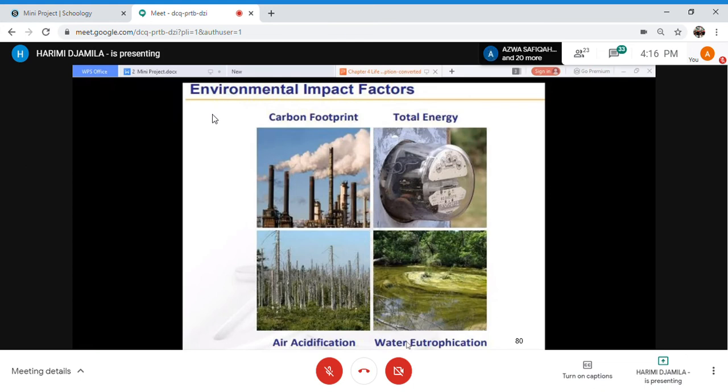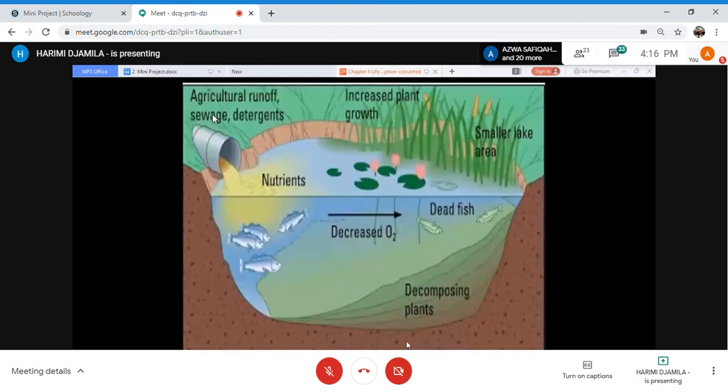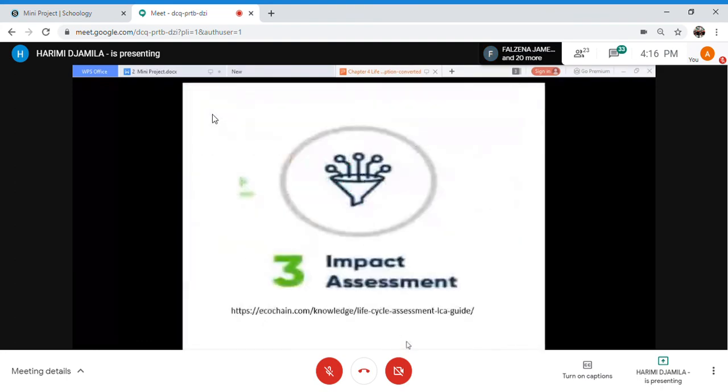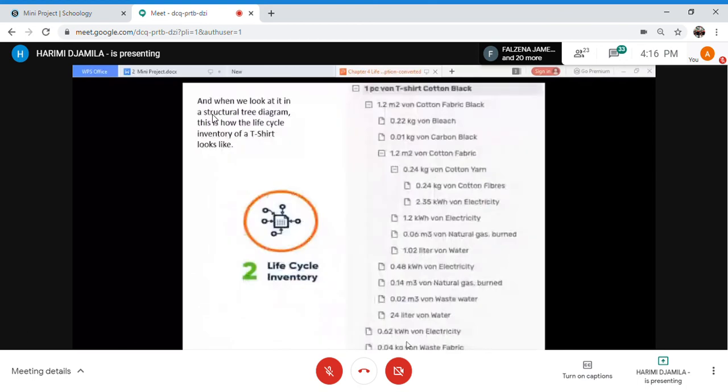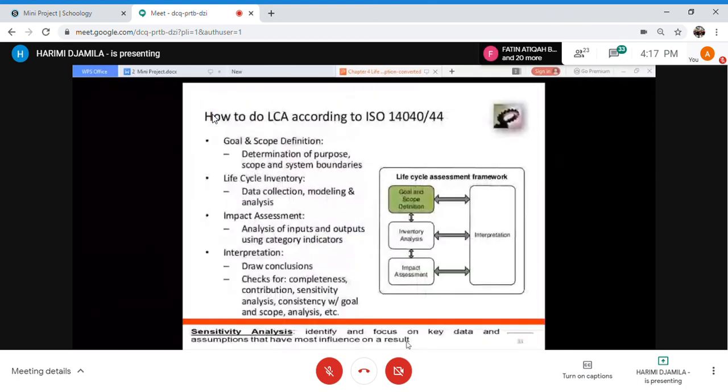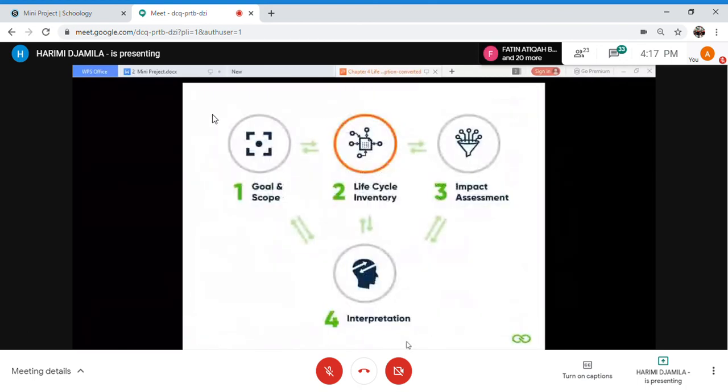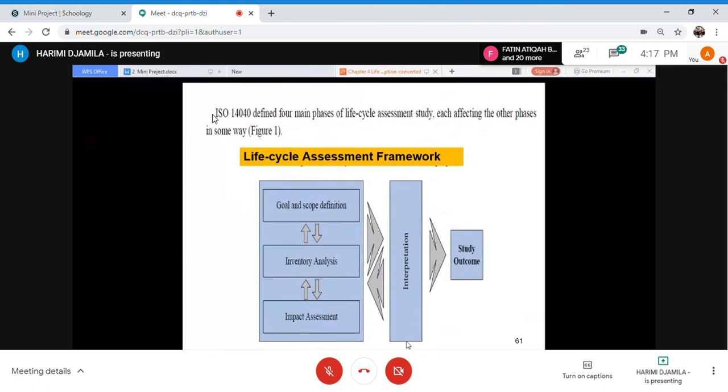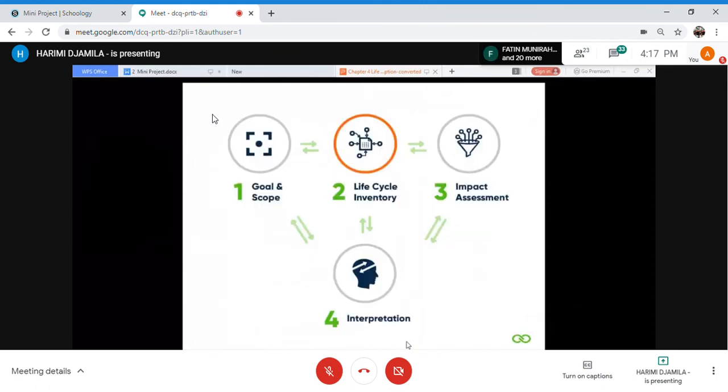Okay, so we're reaching back to the initial part of the slides, the ISO 14040 life cycle assessment framework. We started with goal and scope. Then I explained briefly about life cycle inventory. Then impact assessment, the one I just finished.